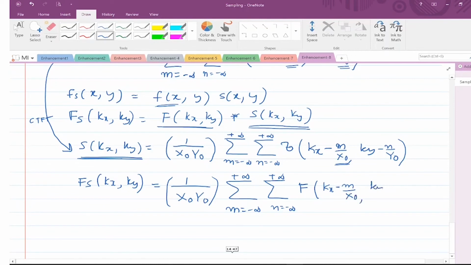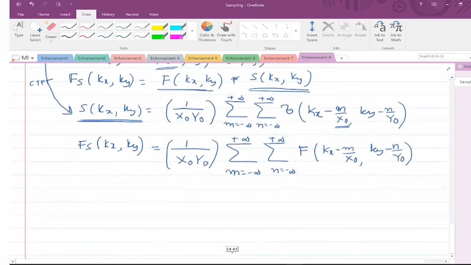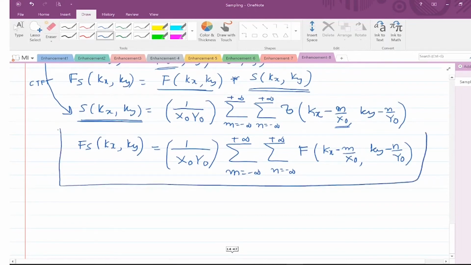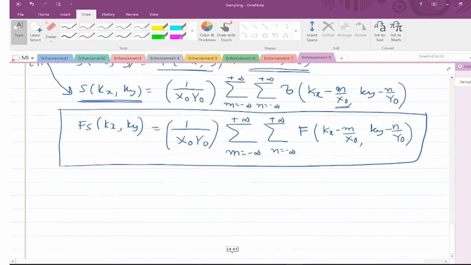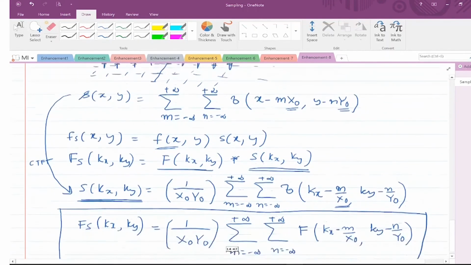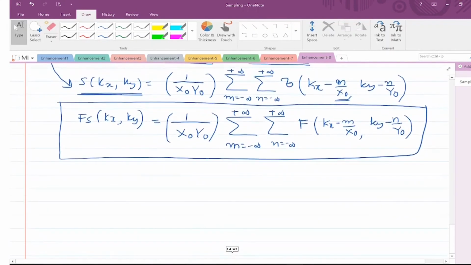Similarly, ky for F would be delayed by integer multiples of y naught. Okay, that's all. So this is the final expression for the two-dimensional Fourier transform of a signal that you have obtained as a result of multiplying your 2D function with a 2D impulse train.